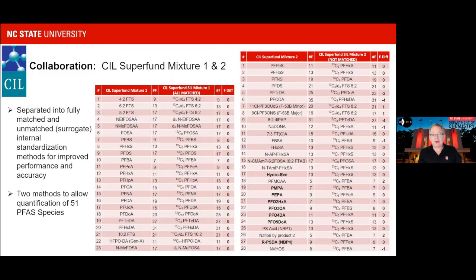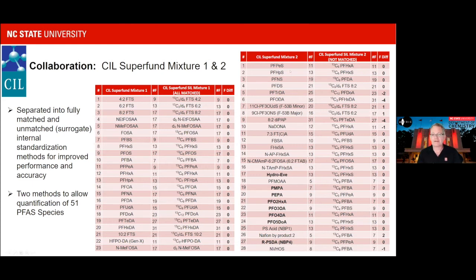So in collaboration with CIL, we made up two Superfund mixtures, 1 and 2. On the left-hand side here is the compound name, and then on the right-hand side is a matched stable isotope labeled internal standard. You also see the number of fluorine counts. Of course, in Superfund mix 1 all match.